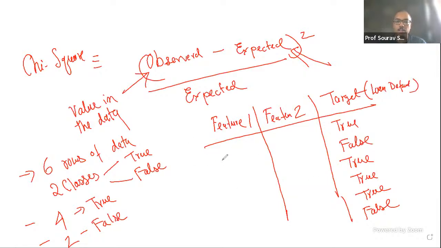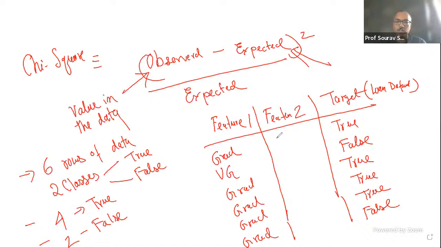These features are, let's say, one of the features is education: graduate, undergraduate, graduate, graduate, graduate, and graduate. This is one of the features.